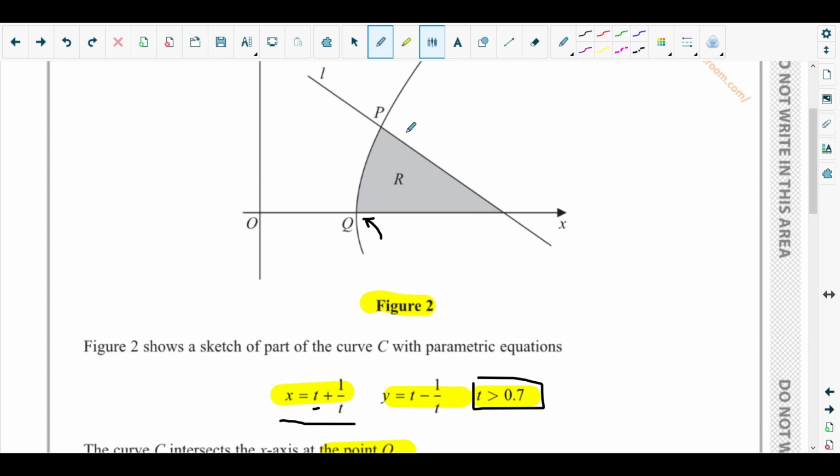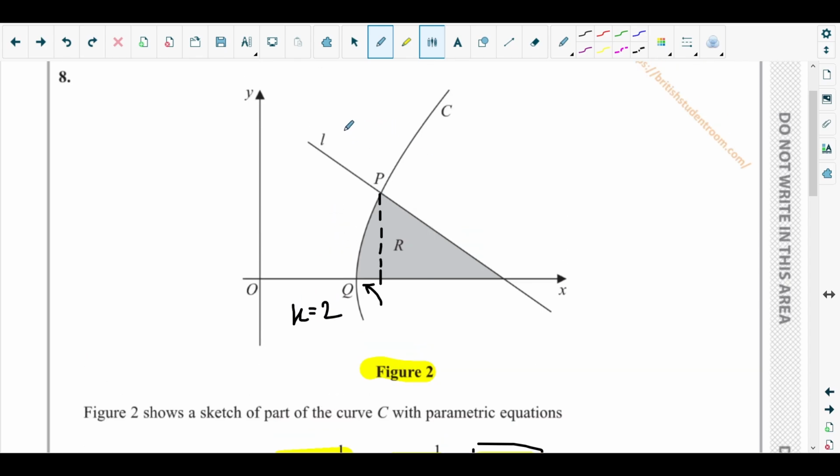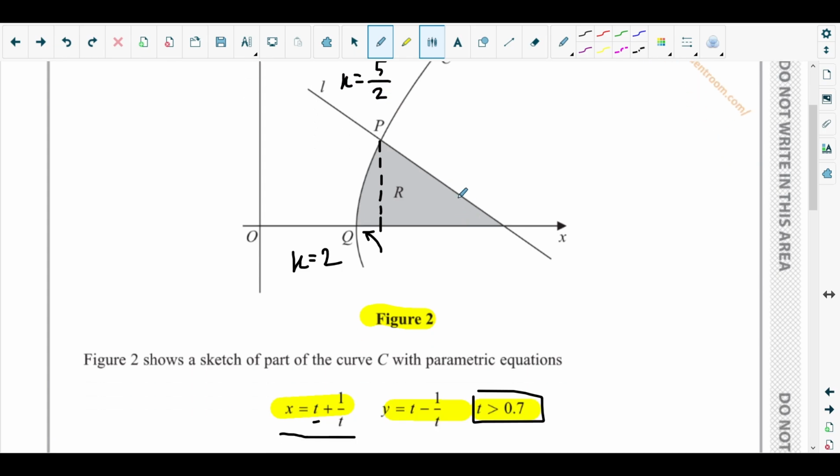The first part would be the volume of revolution of the curve from Q to P. At Q, the value for x is 2, and at P, the value for x is 5 over 2, right? And the second part would be the volume of revolution under the line L. So we need the point where the line L intersects the x-axis. Let's figure that out at first.